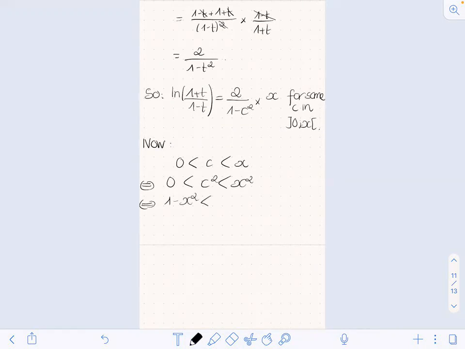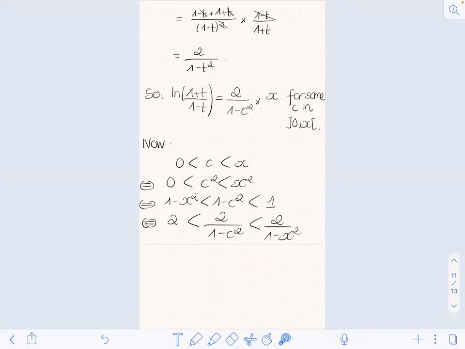So you get 1 minus x squared smaller than 1 minus c squared smaller than 1. And what we then get, if you try and invert and multiply by 2, we need to swap the bounds again. So you get 2 divided by 1 smaller than 2 over 1 minus c squared smaller than 2 over 1 minus x squared.